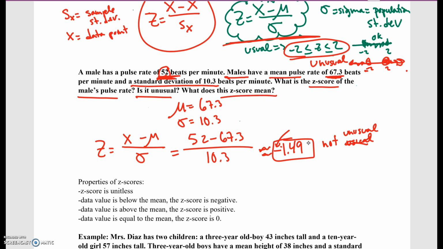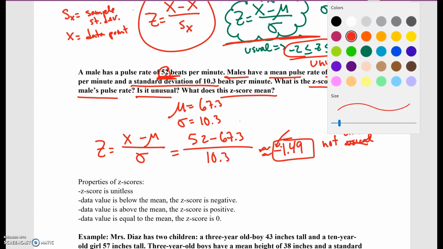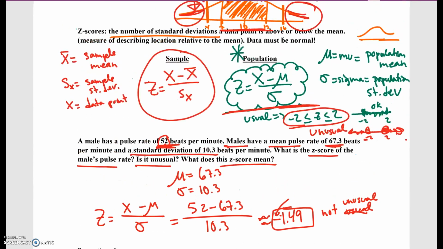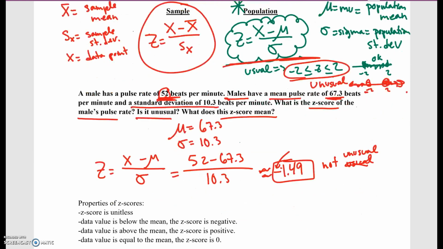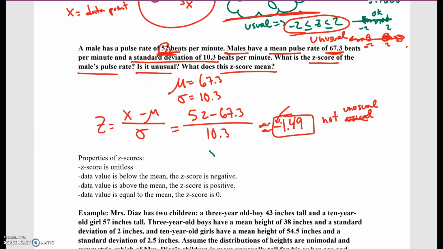Okay, so what does the z-score mean? What does this 1.49 really mean? Well, remember, if we go back to the definition, it's just the number of standard deviations a data point is above or below the mean. So we can say that this male's pulse rate is 1.49 standard deviations below the mean.